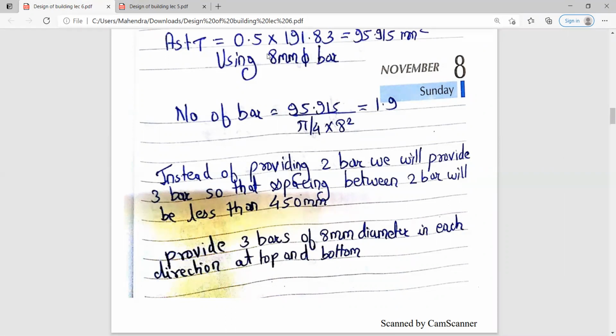Understood up till here? For the torsional reinforcement, is anyone having any doubt?